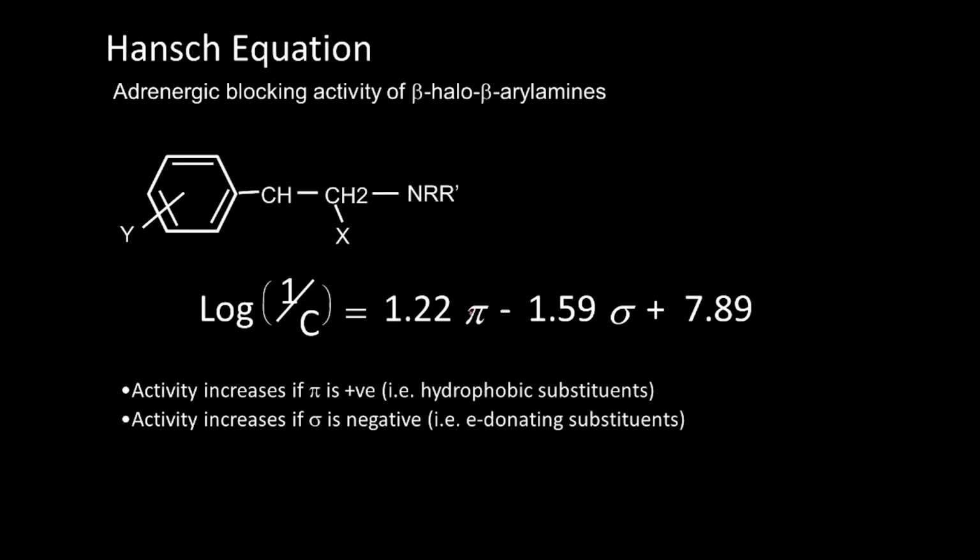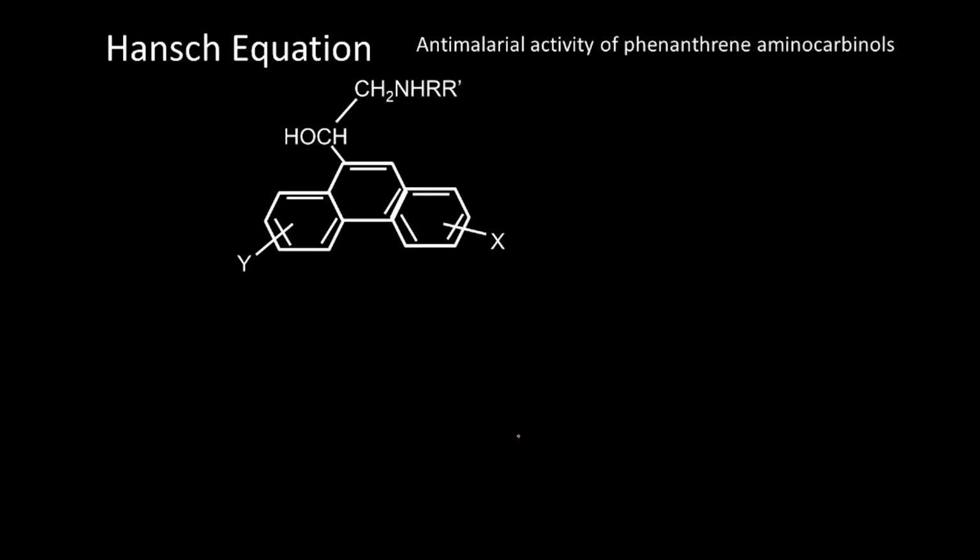So the log P related term comes here, the electronic comes here, but there is no mention much about steric information here. These are anti-malarial activities of phenanthrene aminocarbinols. Okay, so we have 3 fused benzene rings. We have the amino group here, this is aminocarbinols because we have the OH here.